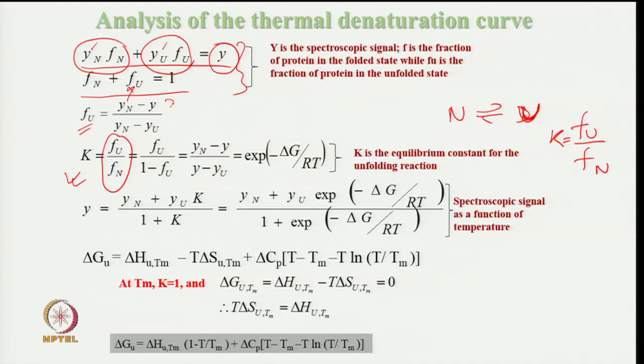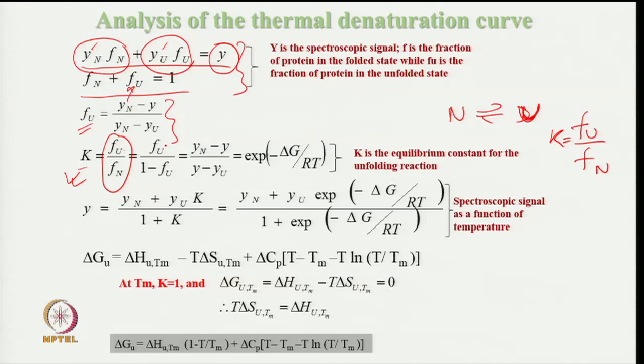When we calculate, what we are going to get is Fu is equal to Yn minus y divided by Yn minus Yu, and K is Fu by Fn.